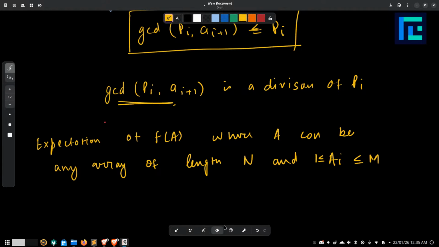Actually, if we do this for length infinity, then we can say that this is simply equal to the answer, since we need to find the value when the length is infinity. So the answer is nothing but the expectation of f of a, where a can be any array of length infinity.